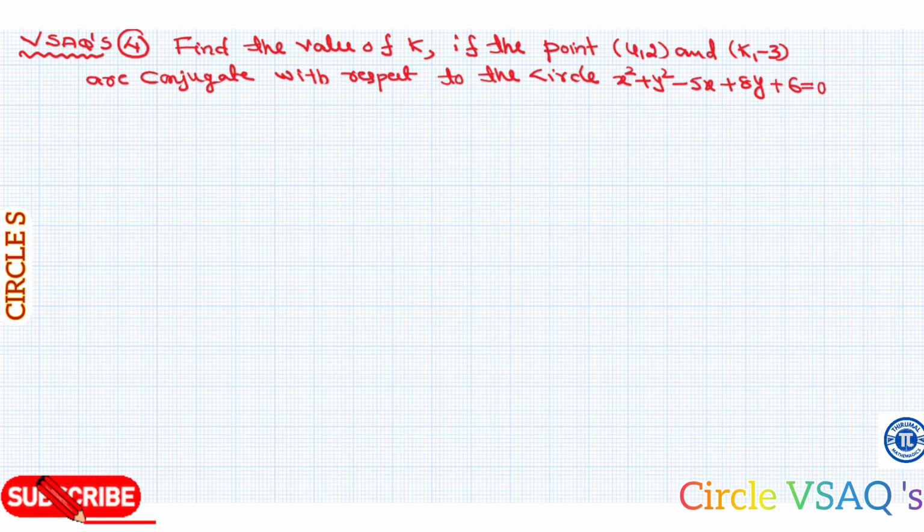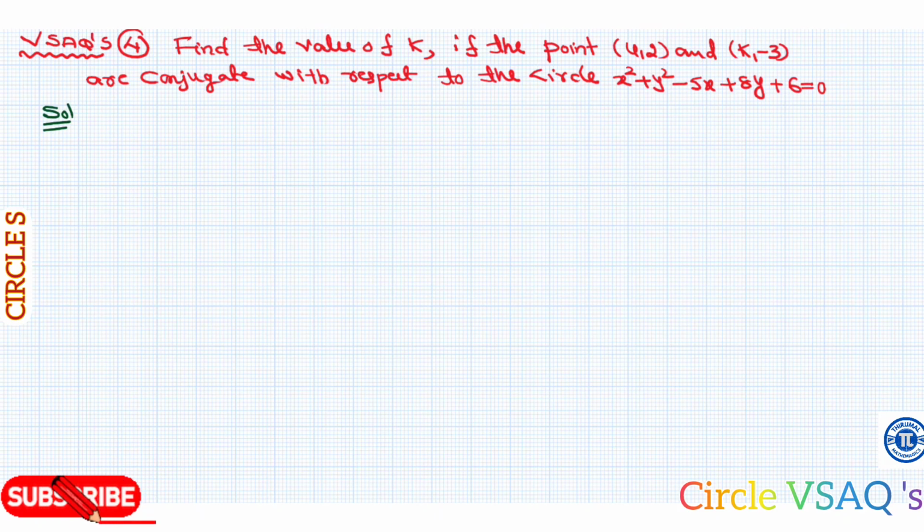Now fourth question: find the value of k if the points (4, 2) and (k, -3) are conjugate with respect to the circle x² + y² - 5x + 8y + 6 = 0. Now start the solution.